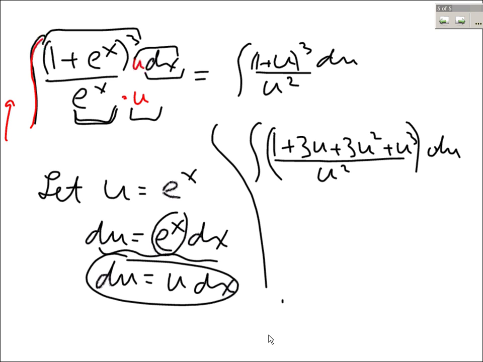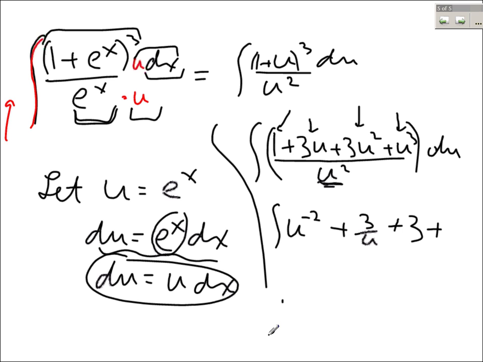I'm going to divide each term on the top by u squared. 1 over u squared, plus 3u over u squared. Well, that's 3 over u. I'll leave the u in the bottom. I'll explain why in a moment. 3u squared divided by u squared is just 3. And u cubed divided by u squared is just u.